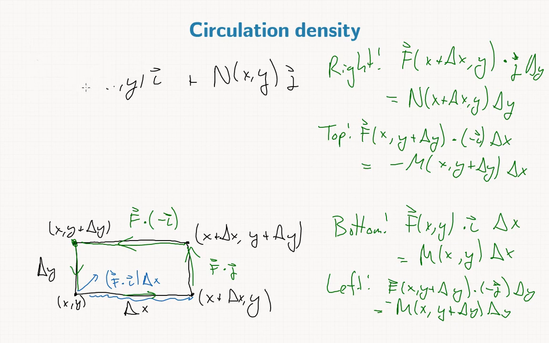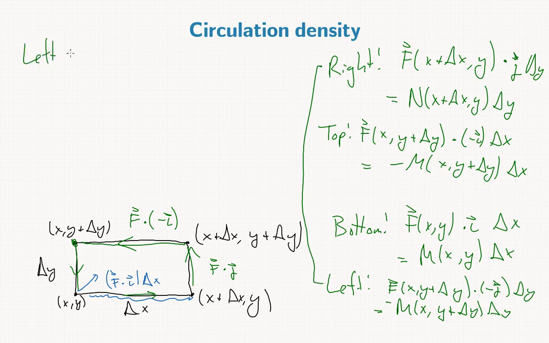Okay, so if we sum up all these contributions, let's add left plus right. I'm sorry, this was supposed to be N, so this should have just been negative N of (x, y) delta y.